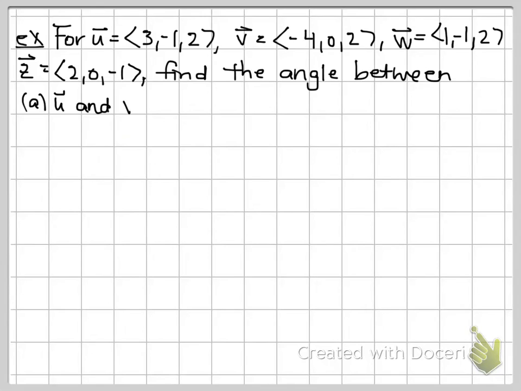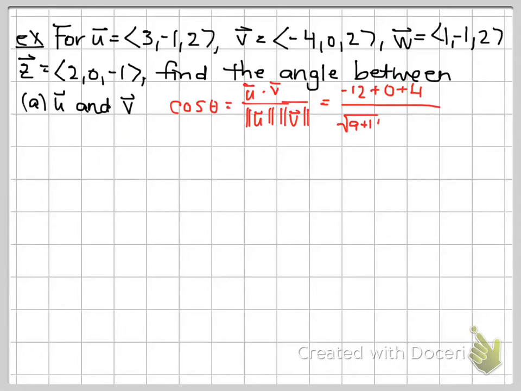Between u and v, we're just going to use the formula. Cosine of theta is u dot v over the magnitude of u times the magnitude of v. So if you plug in, you get -12 plus 0 plus 4 over the magnitude of u times the magnitude of v. That's -8 over square root of 14 times square root of 20.